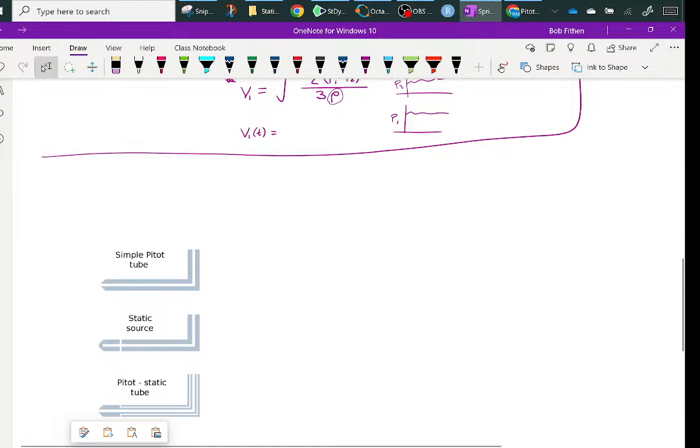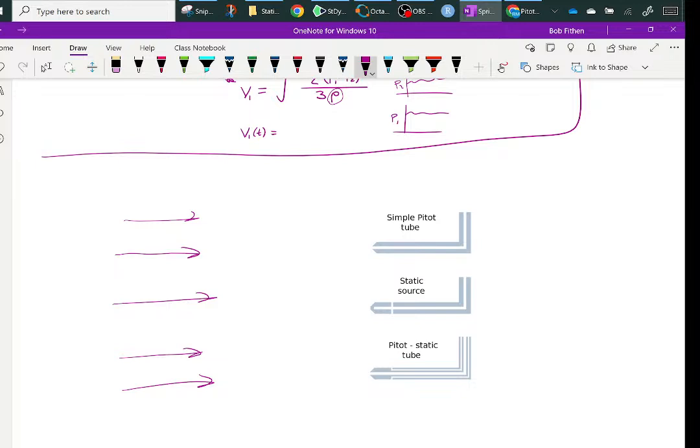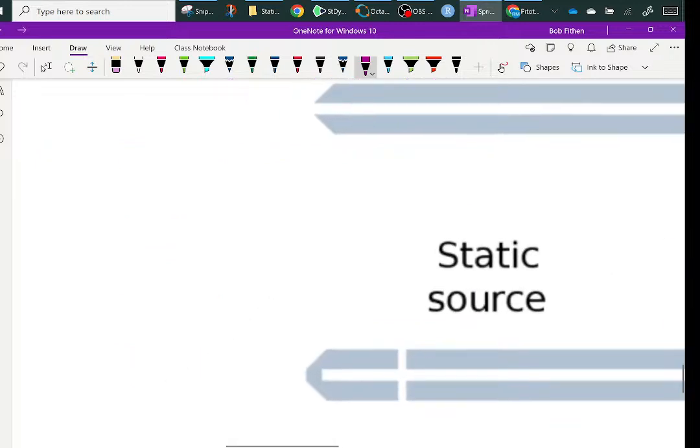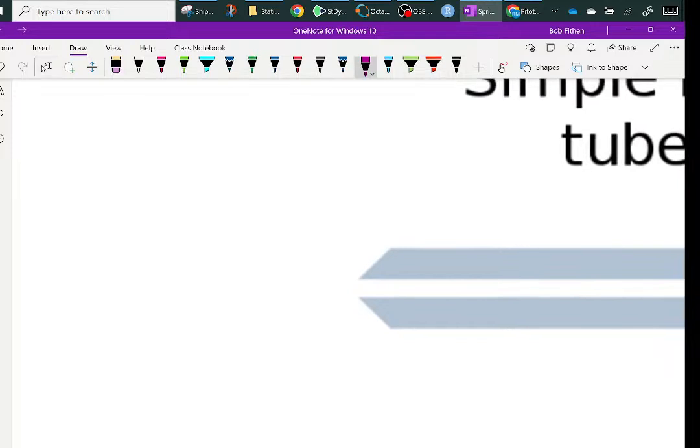So if you have this one, what happens with these is you're supposed to put them in the middle of the flow stream. So here's your flow coming at you. And on the top one, you pick your point being right here, say 2, and then your point being back here, say 1.